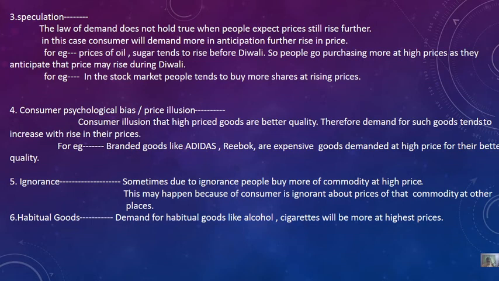It is anticipated by the consumer that the prices of sugar and oil will rise in the period of Diwali. So people go purchasing more at a high price as they anticipate that prices may rise during Diwali.